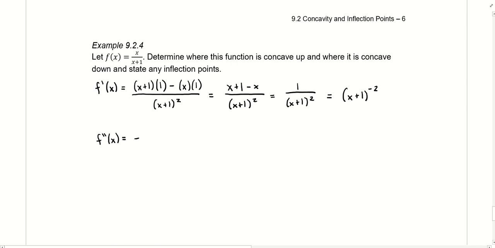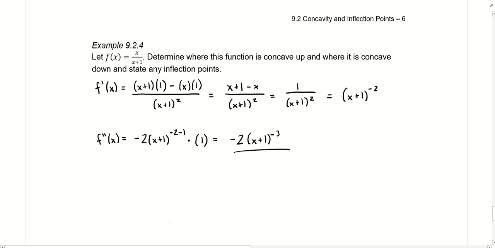So with the power rule, I have negative 2 times x plus 1 to the negative 2 minus 1 times, this is like my inner function, x plus 1, derivative of x plus 1 is just 1. So we get negative 2 times x plus 1 to the negative 3.